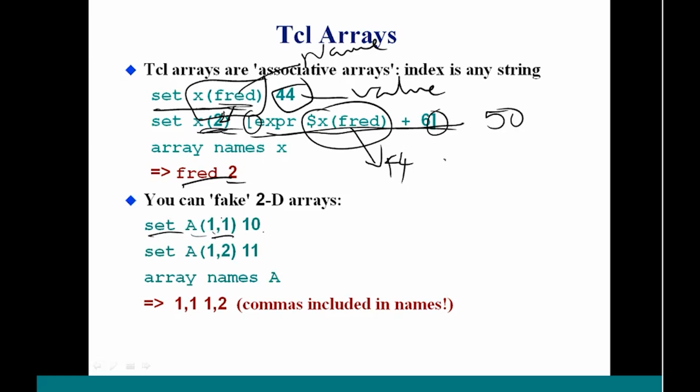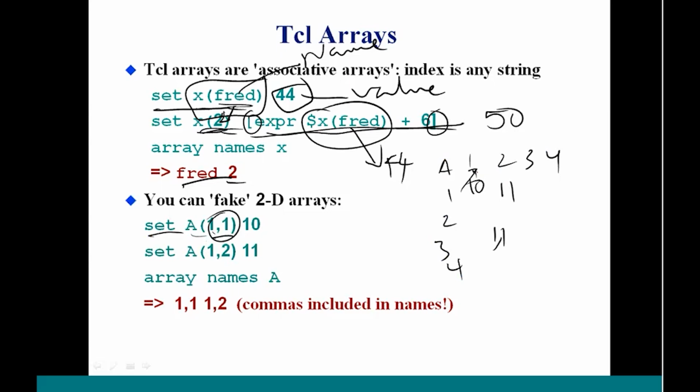So it appears as if A is a two-dimensional array with 1, 2, 3, 4, and then another 1, 2, 3, 4, and then we are making this (1,1) as 10, and then (1,2) as 11. But in reality, this is just one name.